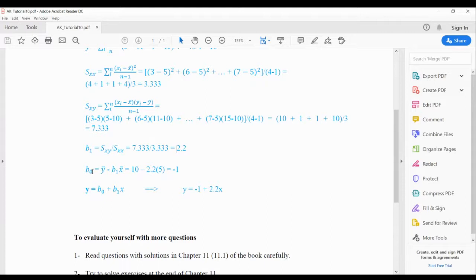So for B0, how to calculate this one, you already know the formula. The mean of the sample related to y minus B1, the slope of the line that you already found, 2.2, multiplied by the mean of the sample for x. And the answer is -1. So B1 and B0, both of them could be either positive or negative.